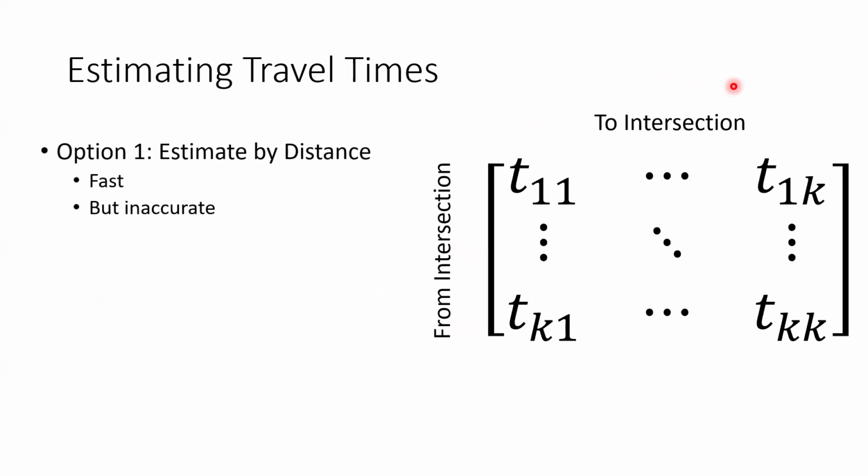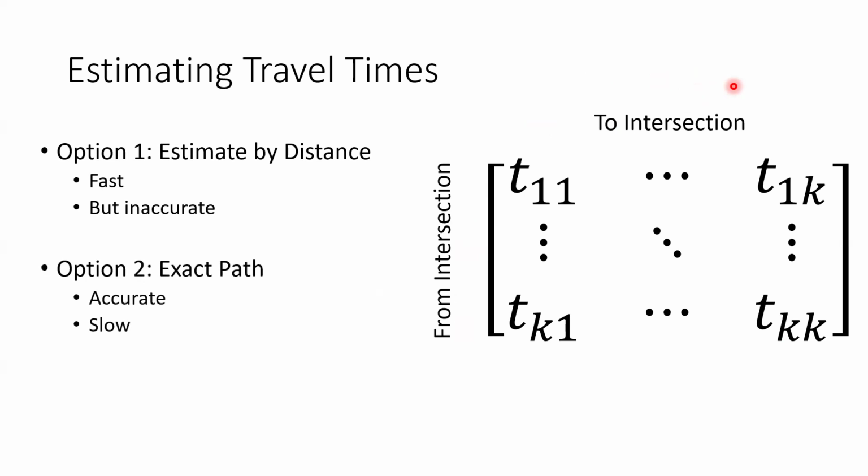For the first option, we can estimate by distance, which is really fast because it's just one single computation. But it will be inaccurate because it doesn't take into account any path.